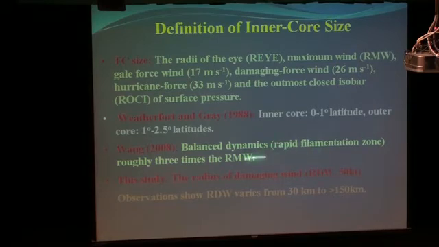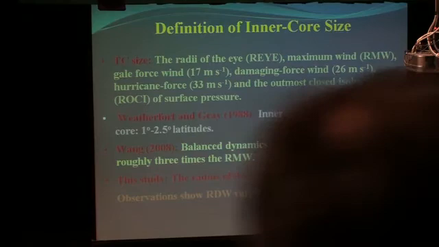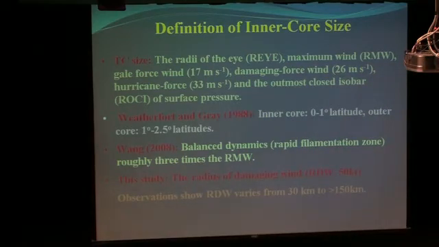That's what we call the rapid filamentation zone. In this zone, the dynamics is mainly controlled by balanced dynamics. We call it the inner core. In this study, because this is very hard to define sometimes, we simply defined the inner core size as the radius of the damaging force wind. In observations you can see the radius of damaging wind varies from about 30 kilometers to more than 150 kilometers.